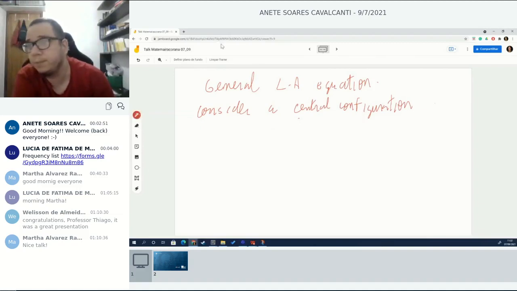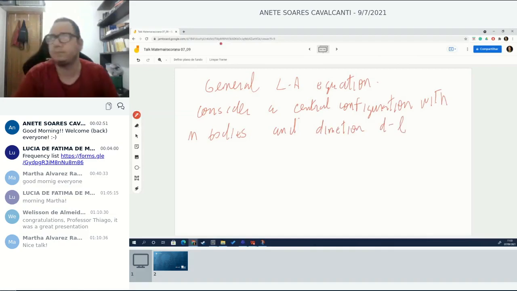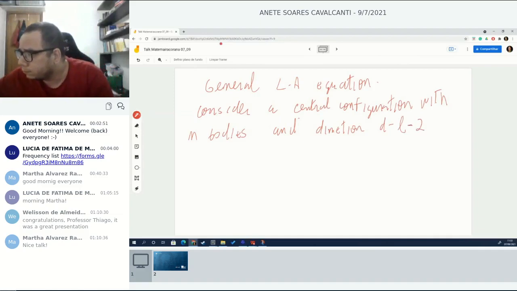Central configuration with n bodies and dimension d minus 2.